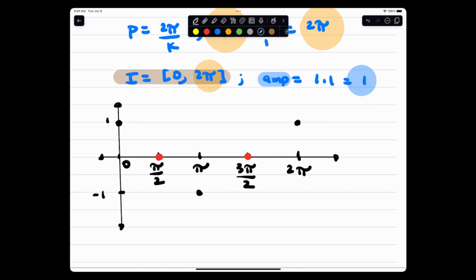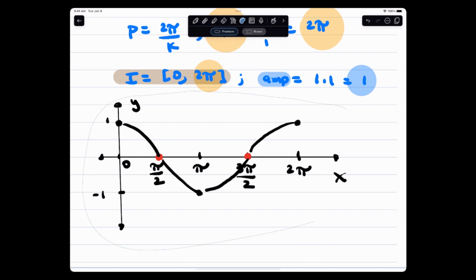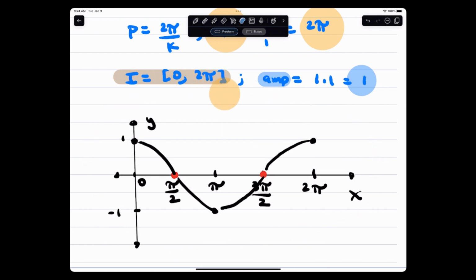So when you do this here, let's sketch it. Here's the x-axis. Here's the y-axis. This is, again, one cycle, ladies and gentlemen, of cosine. Okay, you guys with me on this?